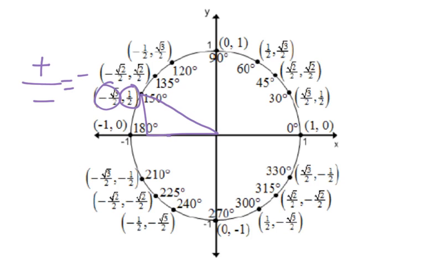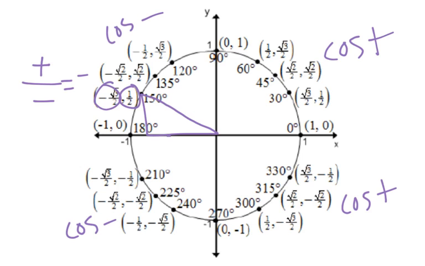If you think about it, cosine is negative over here and down here in quadrants 2 and 3. And it's positive in quadrants 1 and 4. The sine is negative in the bottom, positive on the top.